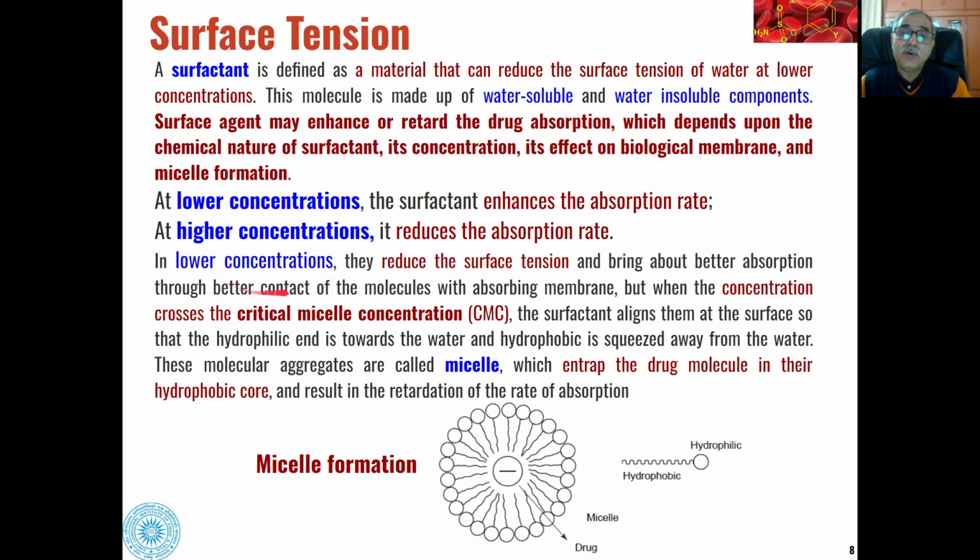In low concentrations, they reduce the surface tension and bring about better absorption through better contact of molecules with the absorbing membrane. But when the concentration crosses the CMC, that is the critical micelle concentration, the surfactant aligns itself at the surface so that the hydrophilic end is towards the water and the hydrophobic end is squeezed away from the water.